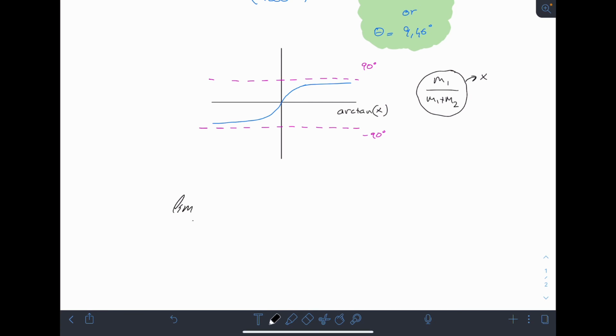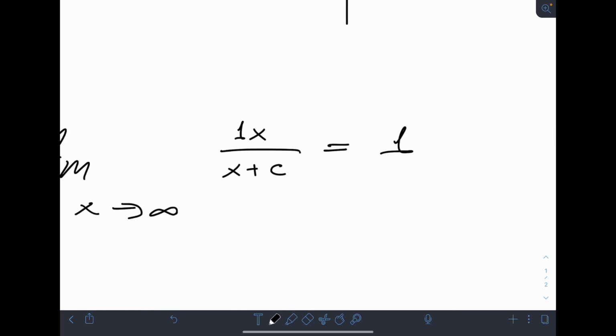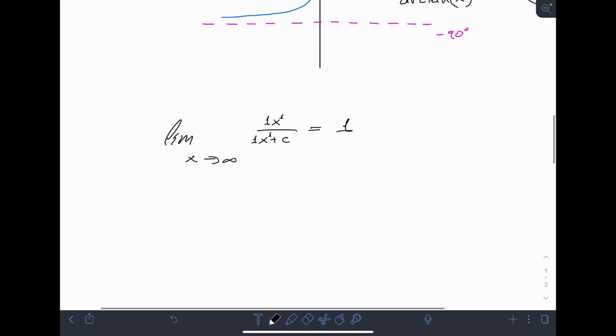Limit as x goes to infinity of x divided by x plus c, which is a constant, and this equals in fact 1, as both coefficients here are 1, the powers of x are also 1, and as x goes to infinity, we can just neglect c.